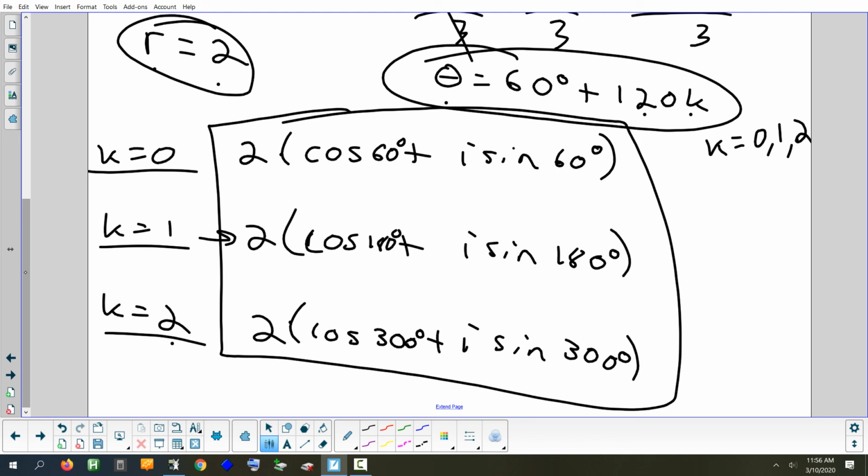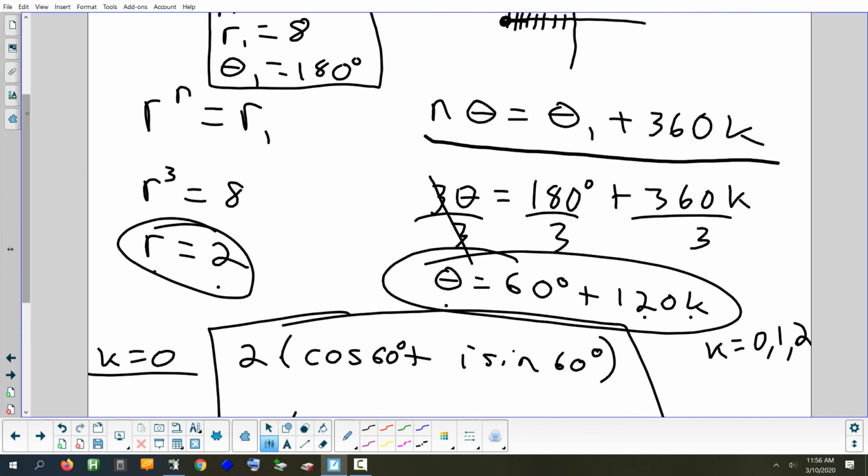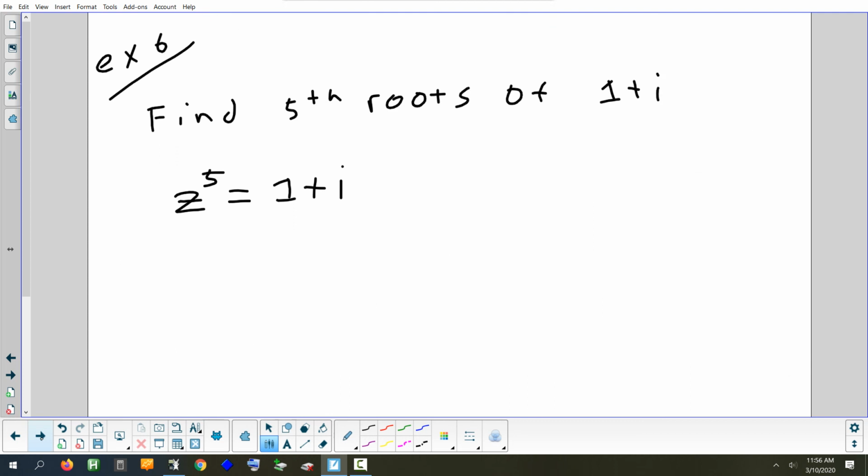All right, so the last one, I'm not going to go through all the answers, but I'd like to get it to the point where we're ready to find them. Okay, and then we'll stop there. Find the 5th roots of 1 plus i. So, what are the 3 things that we always make a chart for?